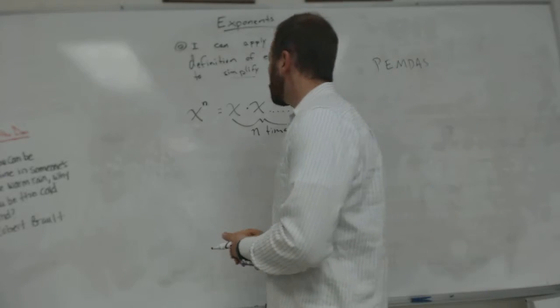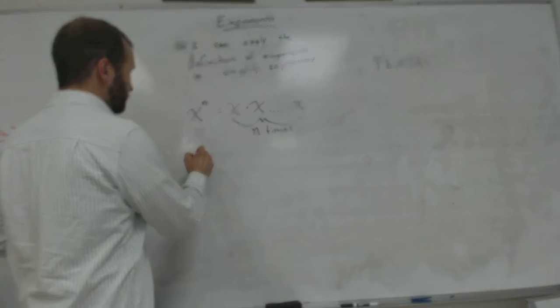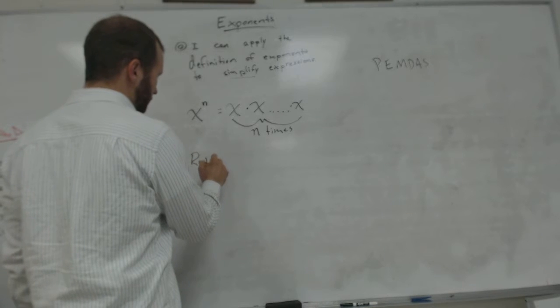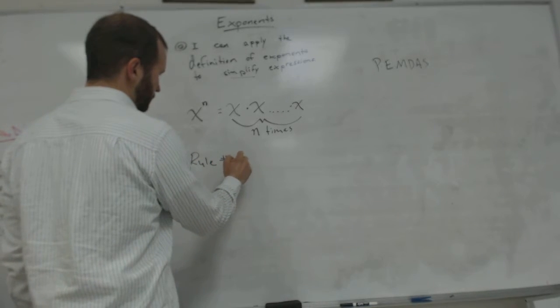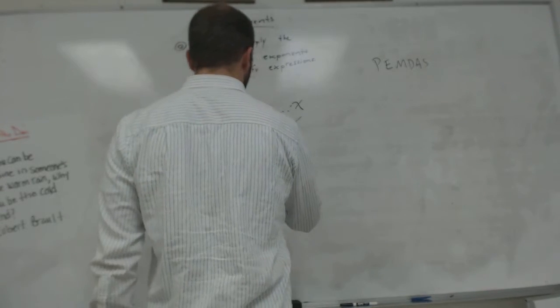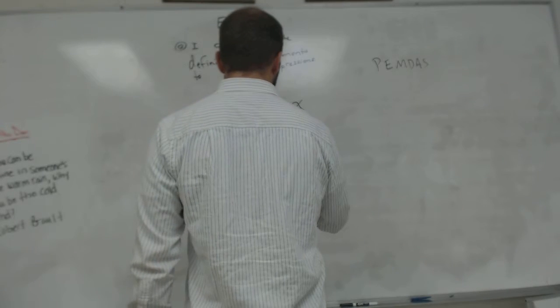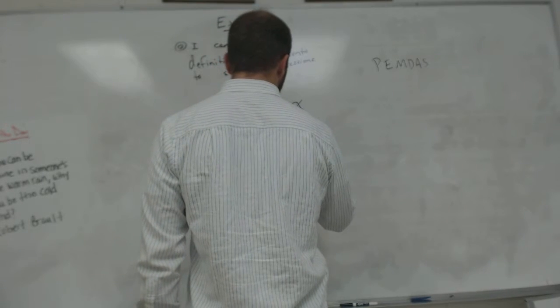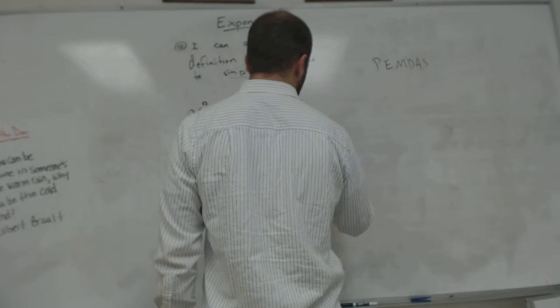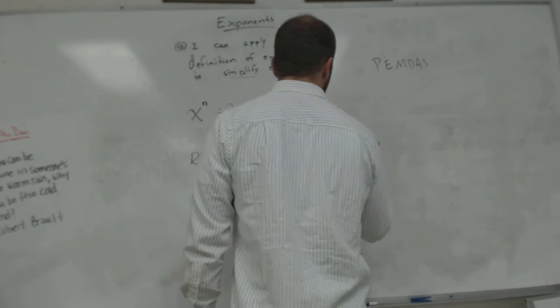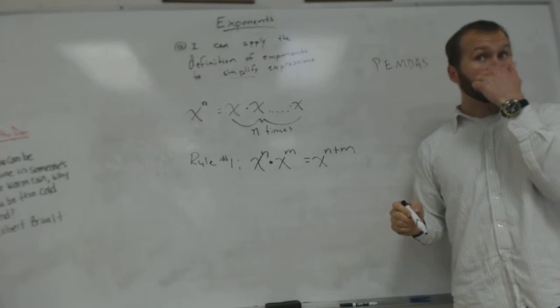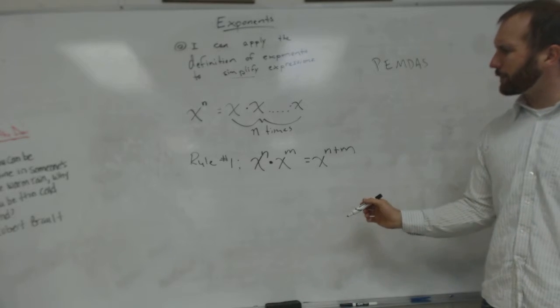Alright. So we're going to talk about two rules today. Rule number 1 says this. X to the n times x to the m equals x to the n plus m. Let's look at why this happens.